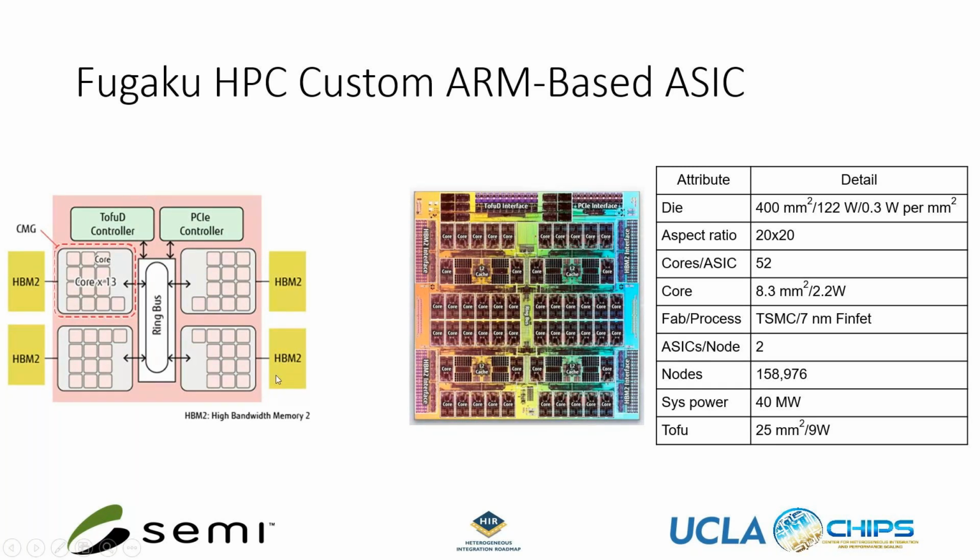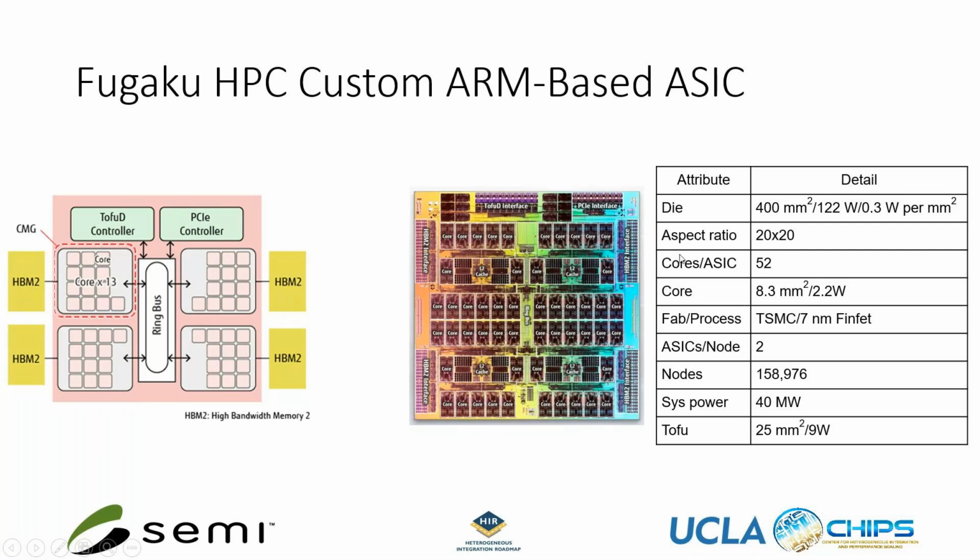It's a collection of 4 compute complexes, each with their own HBM memory, and the ASIC as a whole has a high-speed network that they call Tofu and a PCIe controller, PCIe I/O, and the 4 compute complexes and the I/O are linked together by an internal high-performance network.